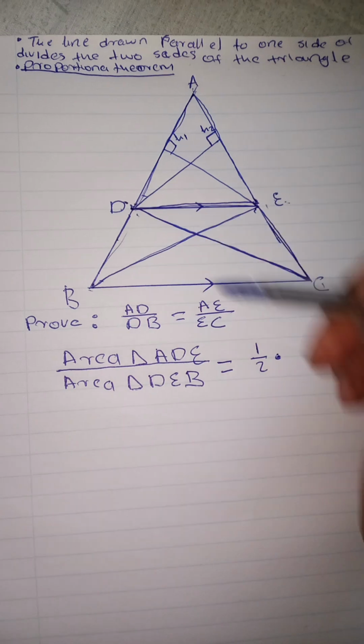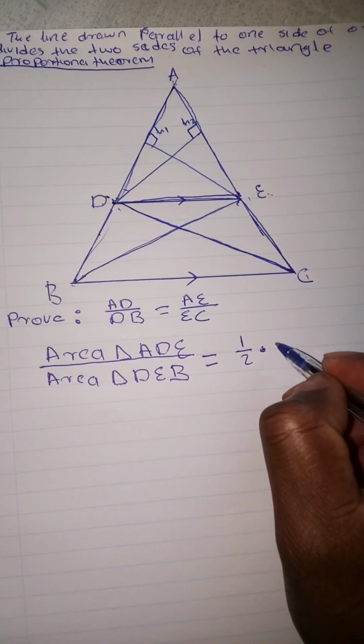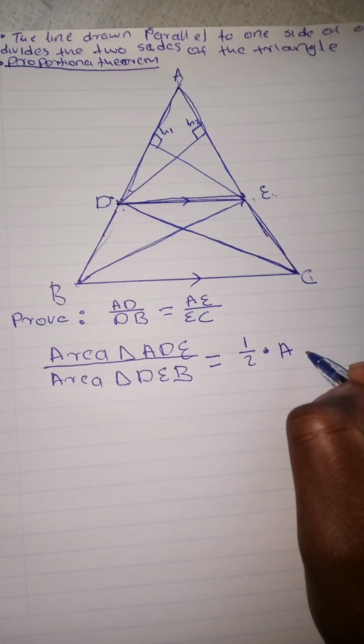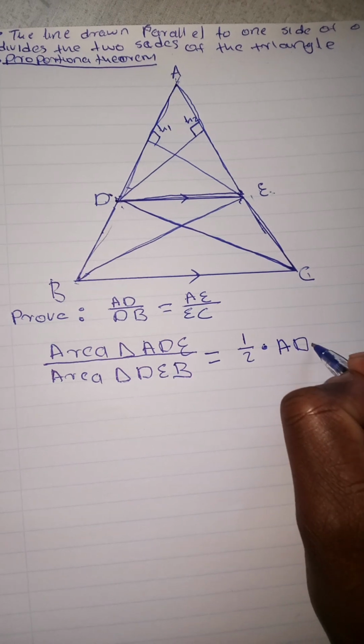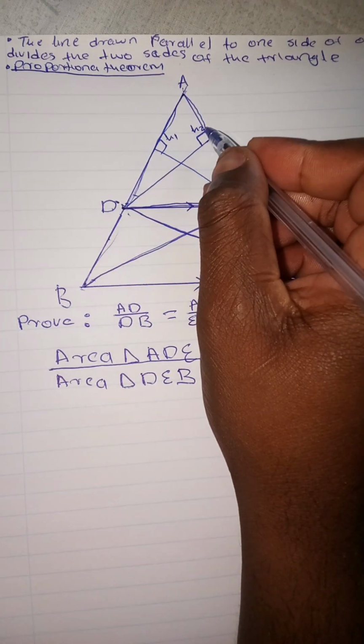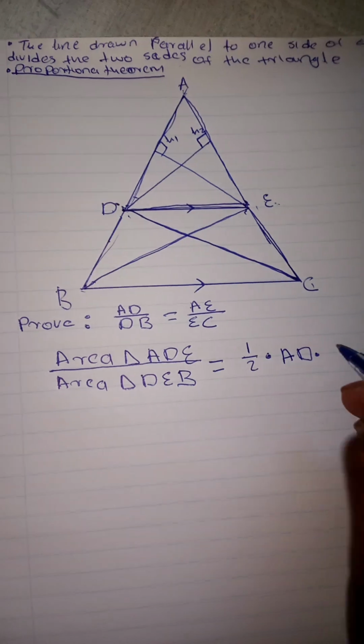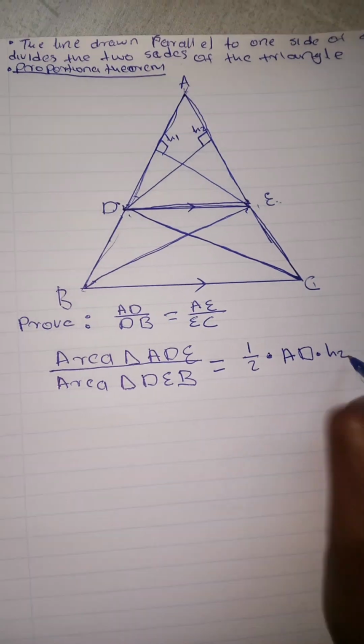Times AD, times the opposite height, which is H2.